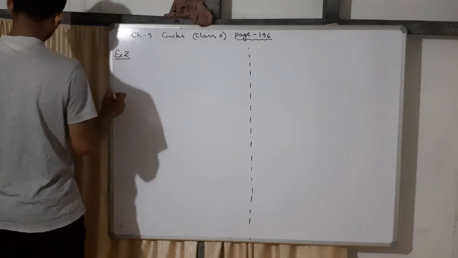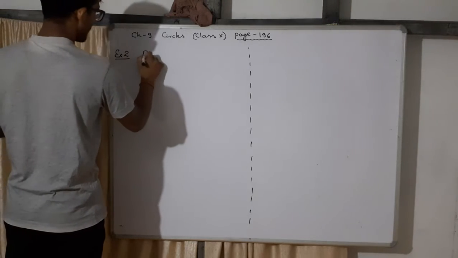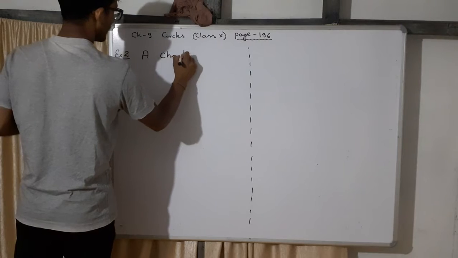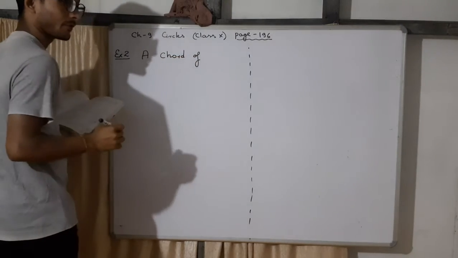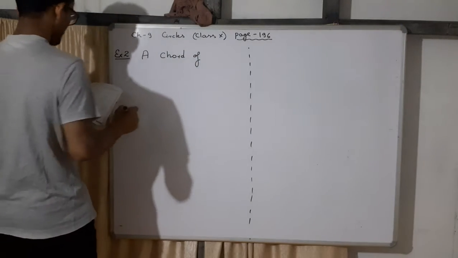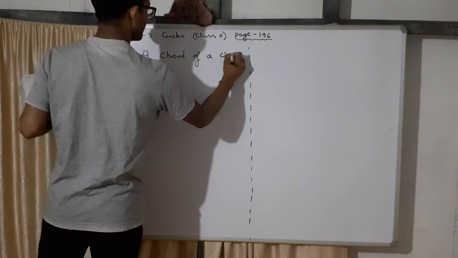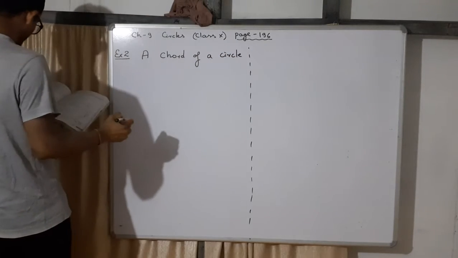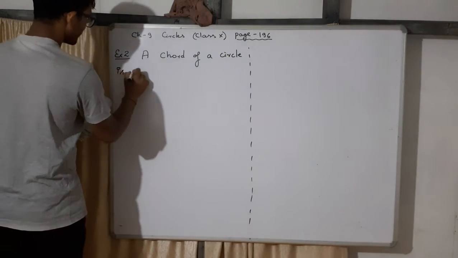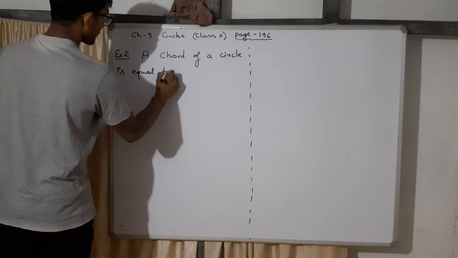Okay, example 2. It is like this: a chord of a circle is equal to the radius.